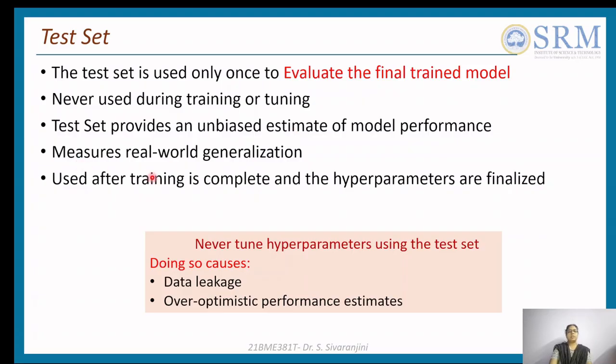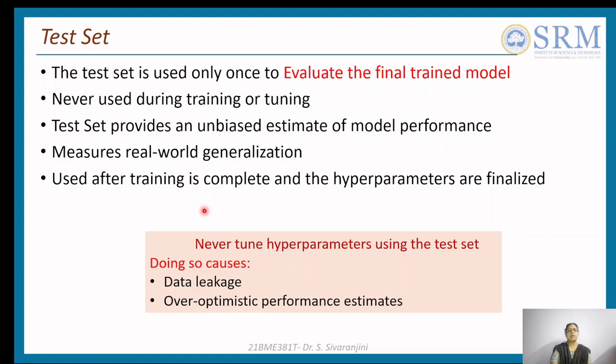It also measures real world generalization. Real world generalization is done through the test set. Real world generalization, in the sense, as I quoted already in an example, is where a student prepares for an examination. He doesn't know what kind of questions will come in the question paper.